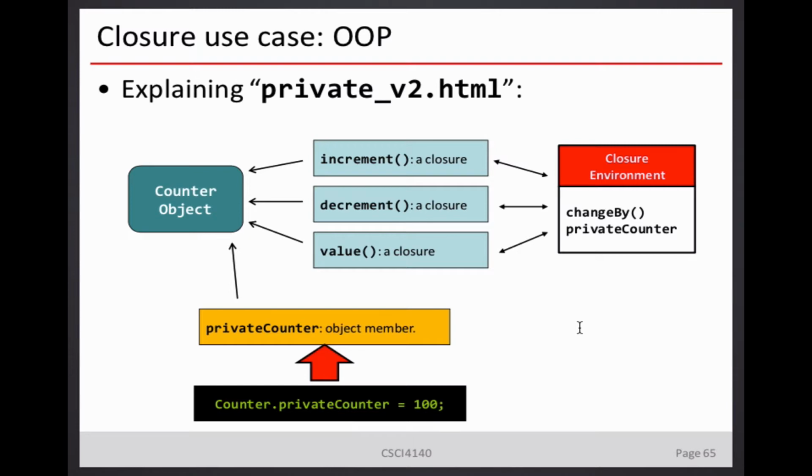Then I assign a value to this guy, and I find that I'm successful in making it 100. So when we access it, it is 100. But if I go through the value method to access the private variable again, then it is normal.